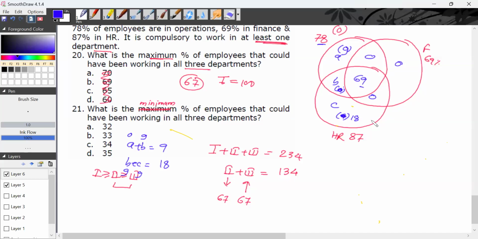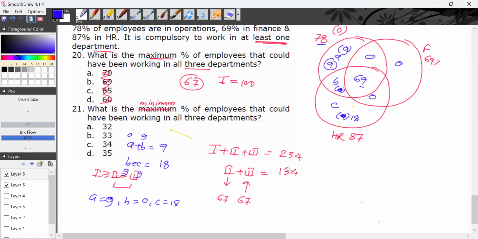Because this is the extreme which we can take. How much is it? No, union. I'm taking A to be 9, B to be 0, and C to be 18. That is, A is equal to 9, B is equal to 0, and C is equal to 18. 96.